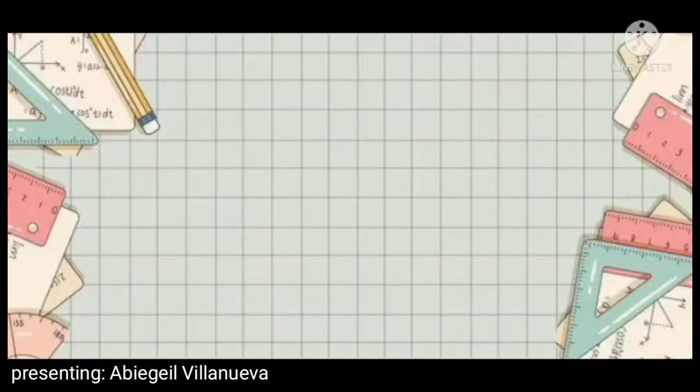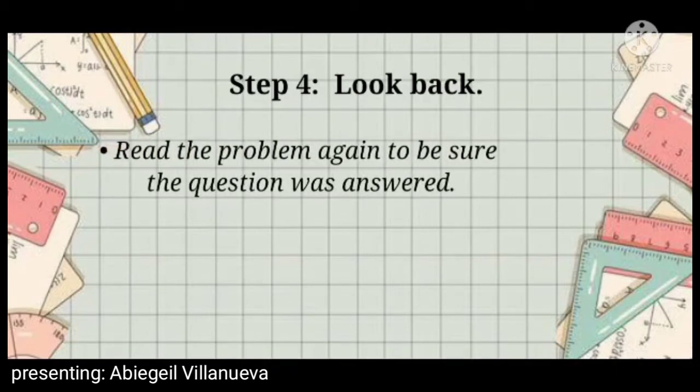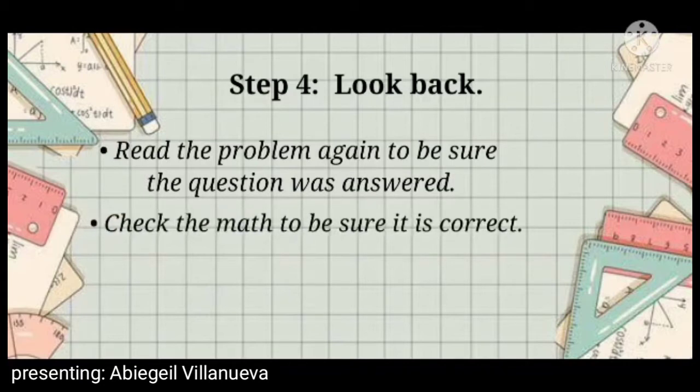The last step is look back, or to check and interpret. First is to read the problem again to be sure the question was answered. This explains the scores that will not be possible in this game are listed. The second one is to check the math to be sure it is correct.